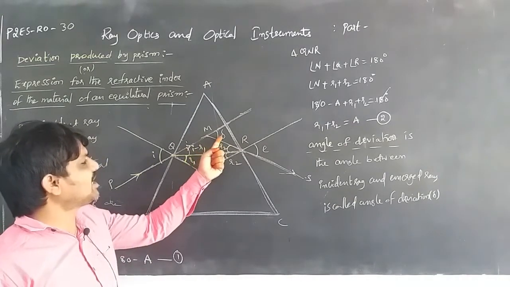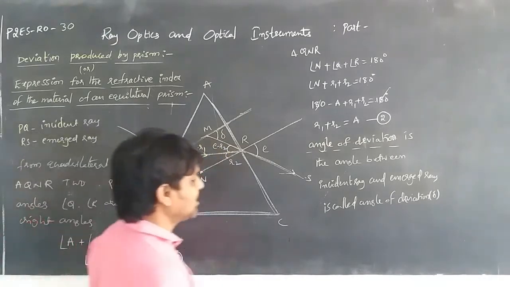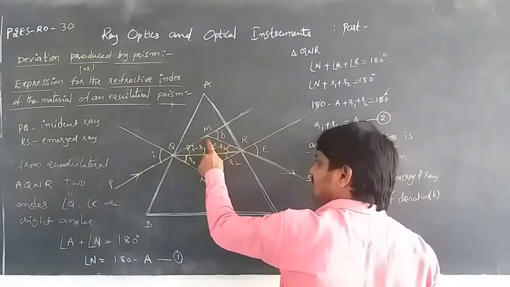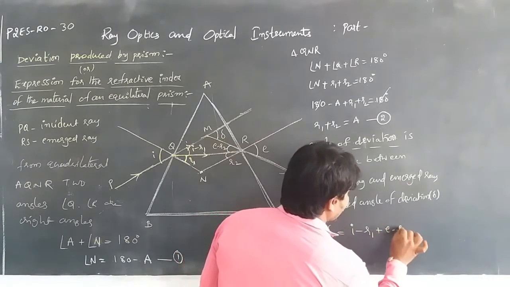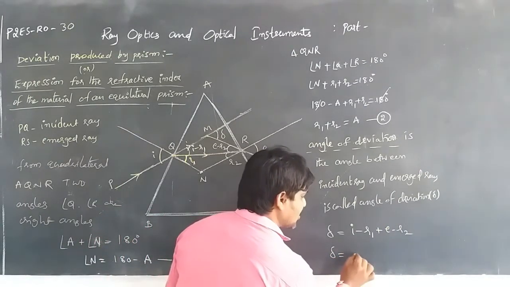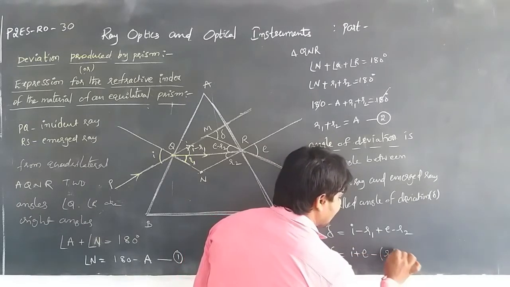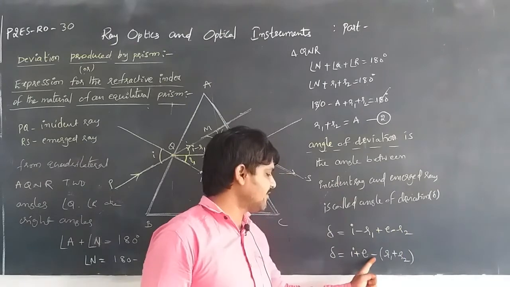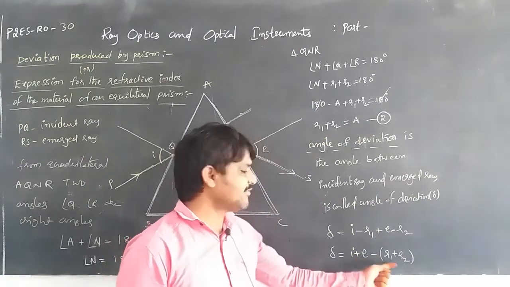The angle of deviation delta is equal to the sum of the two angles at Q and R. So at point M, delta is equal to I minus R1 plus E minus R2. From that relation, delta is equal to I plus E minus (R1 plus R2). Taking the common minus and multiplying inside gives minus R1 minus R2, which is the same equation.